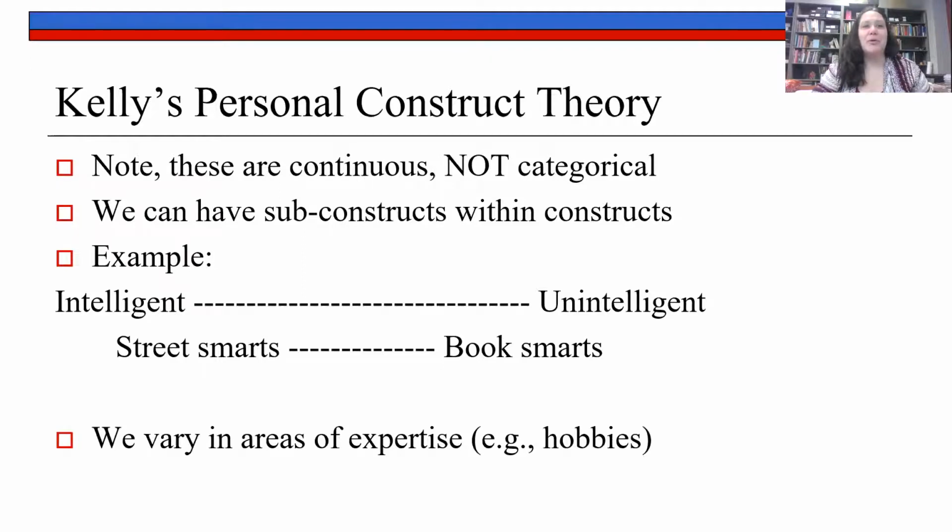And there will be like a foul, and I never understand what the foul is. So I always have to ask my partner, like, okay, what just happened? I don't know. So he has a more complicated system for understanding the game than I do. But I have areas of expertise that he doesn't know anything about, right? So each of us has this area of interest where our constructs can be more or less complicated.